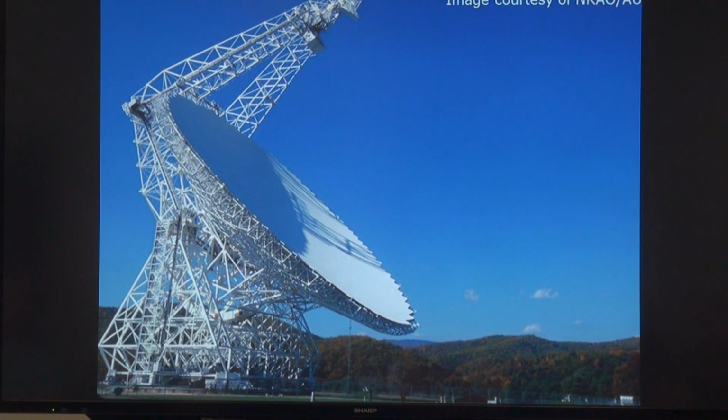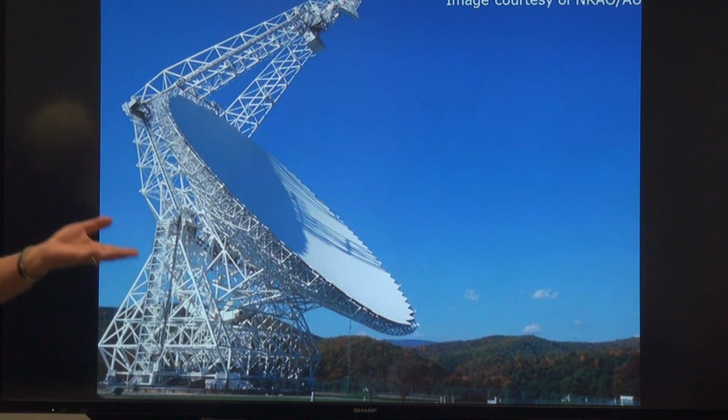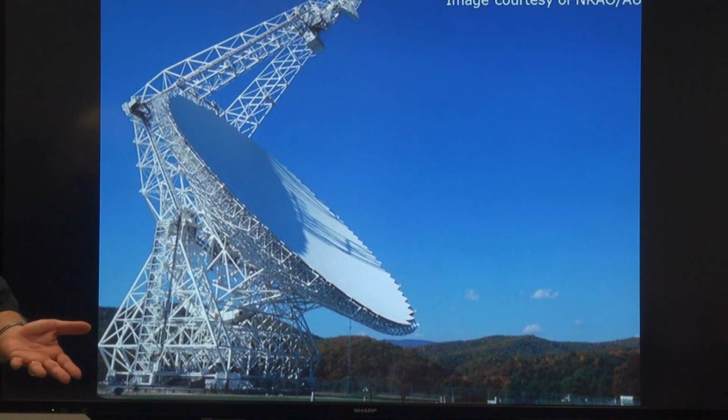We use it to demonstrate in STEM classes, school classes, and things like that, the concept of radio energy coming in. If you set it up right, you point it at the sun, you see a signal, you point it away, you get no signal. That's radio astronomy at its basic core.